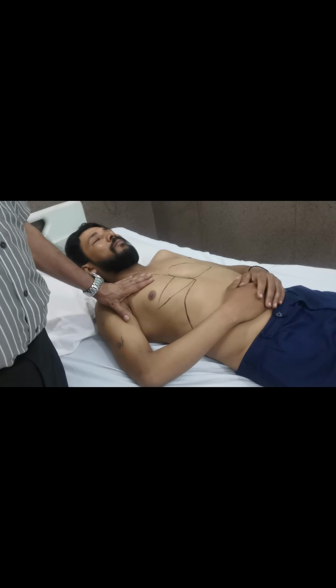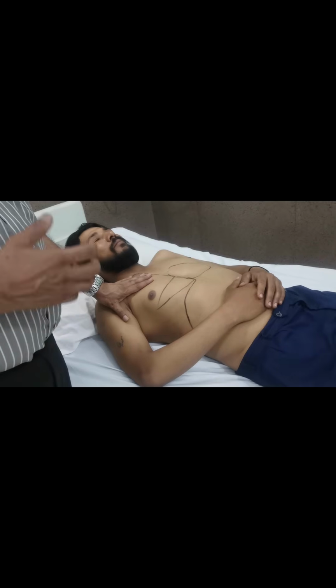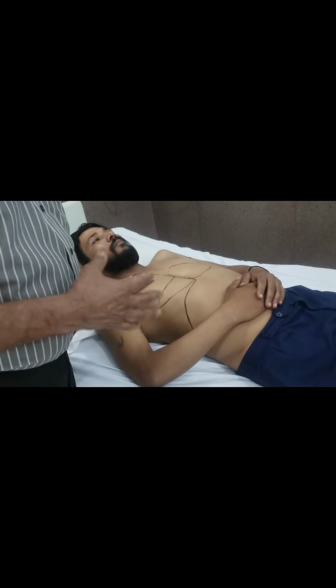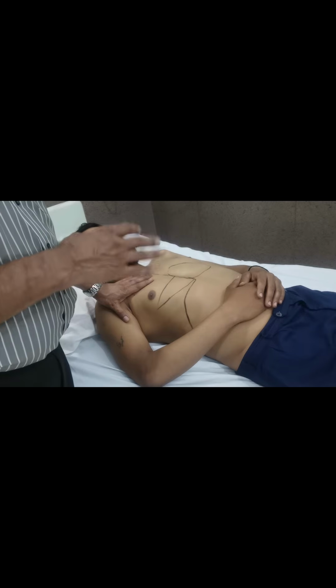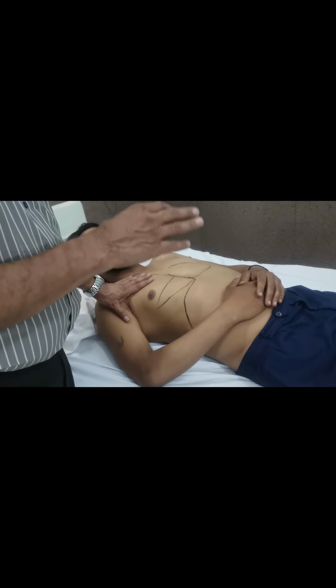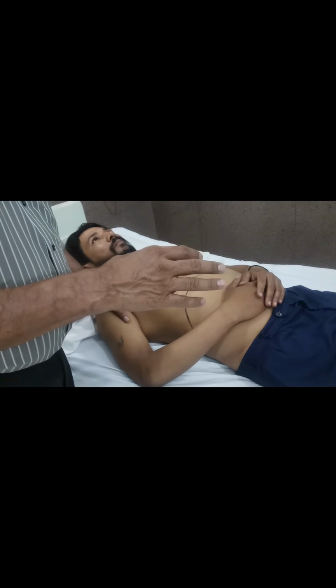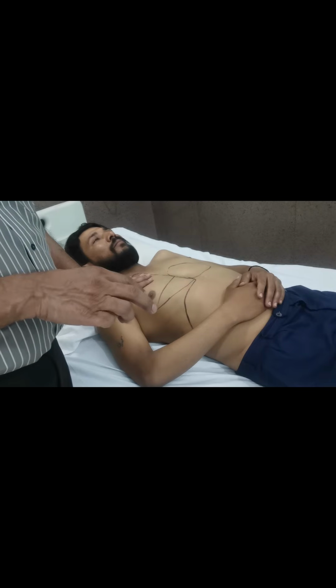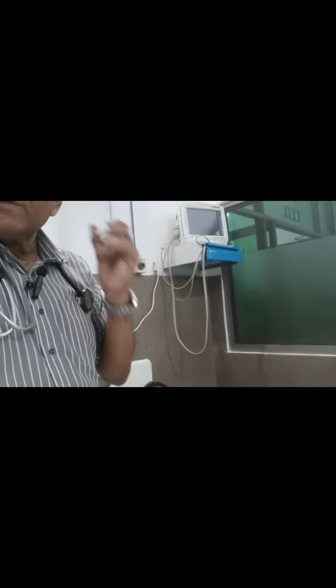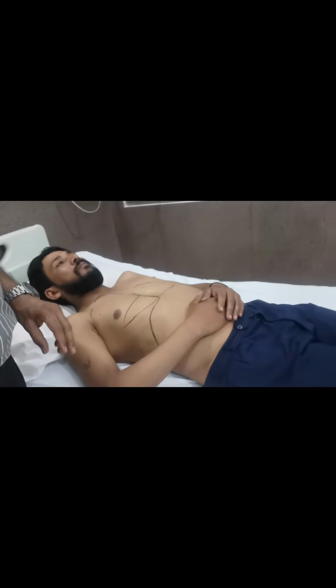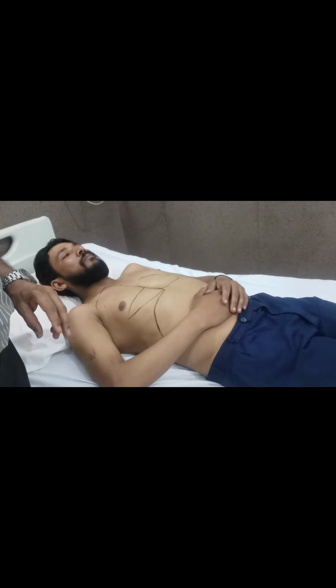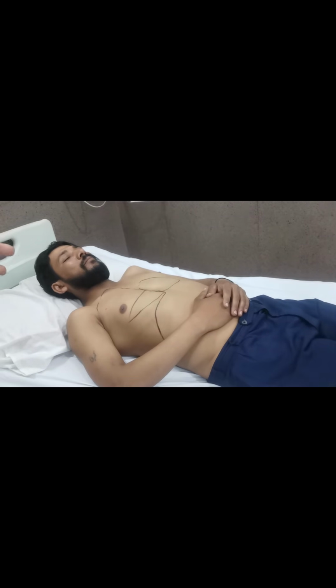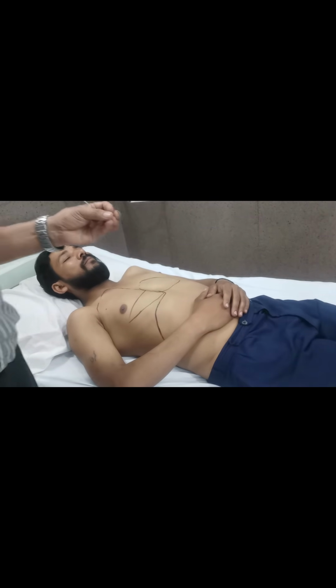Now this rub, when present in the body anywhere, in the lungs, in the heart, over the liver, over the spleen, or the other parts of the body like over the tendons, scratch your ear lobule with your nail like this and listen to the sound. This is called the leathery sound.